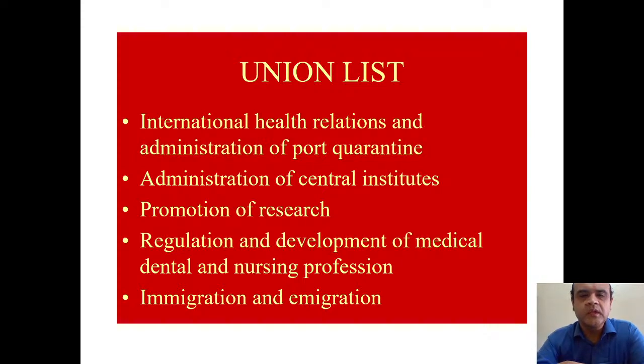When we talk about the Union List, the functions are international health relations with other countries and administration of port quarantine. You understand what port quarantine is: the shipping ports and airports.